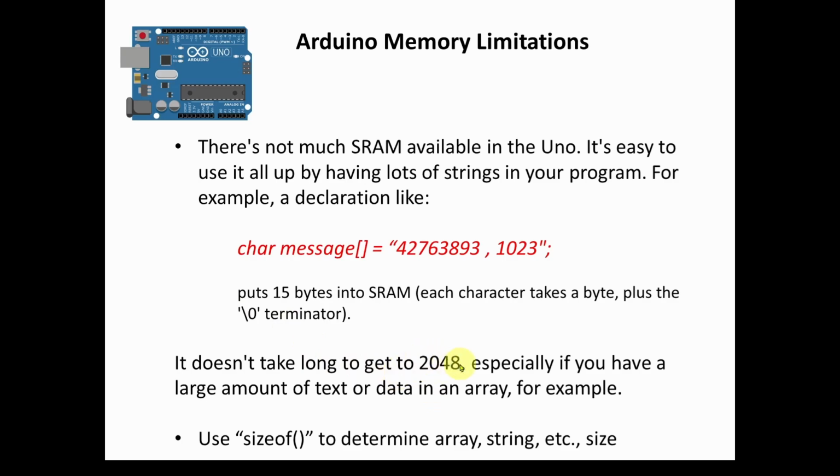But we've only got 2,000, so we're going to have to take a look at this and say, wait a minute, I can't fit 500 samples that look like this into RAM. I'm going to run out really quickly and the program's going to freeze. So we're going to have to figure out what we're going to do, how we're going to work on this. One thing you can use in the Arduino to determine the sizes of arrays and strings is the sizeof operator. So just keep that in mind.